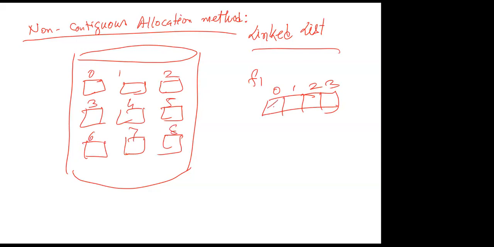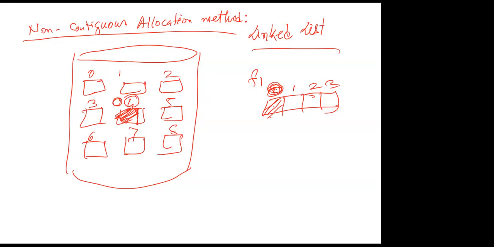So it will maintain a linked list. This is non-contiguous allocation. The 0 number block is stored at the fourth block of the hard disk.